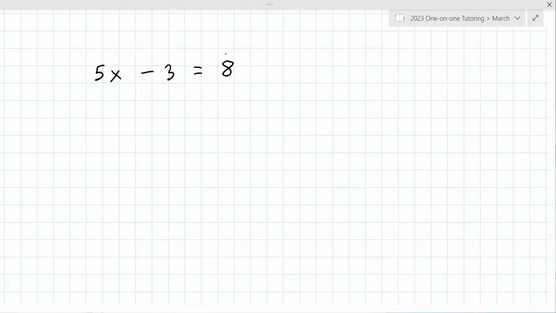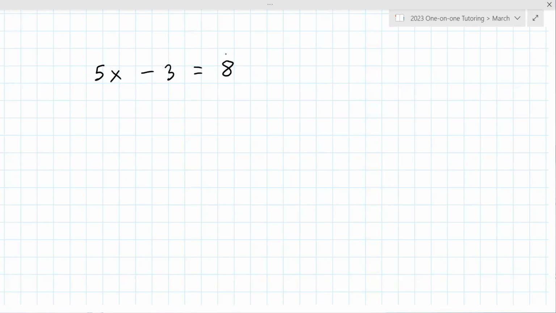Okay, couple more real quick. I know you got more to answer, but we really got to get this down perfectly. Let's say it's 5x minus 3 equals 8. Does not always work out nicely. So plus 3, okay, so 5x equals 11. 5x equals 11.